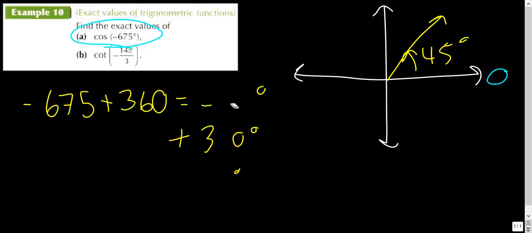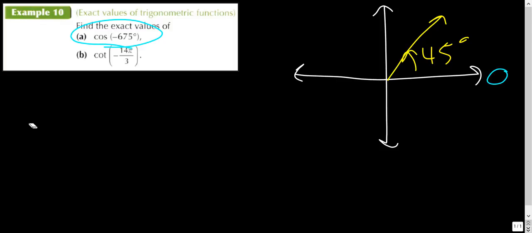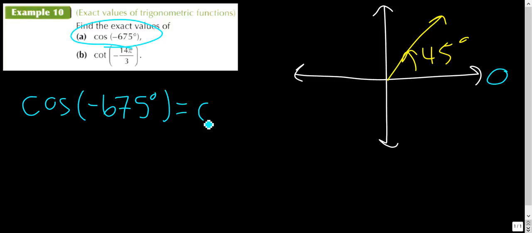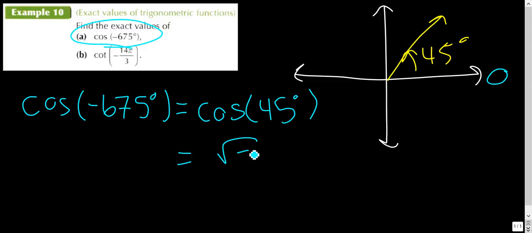So if I go back and think, okay, well, what is the cosine of 45? Well, we just showed that the cosine of negative 675 is going to be the same as the cosine of 45. Well, the cosine of 45 is the same thing as the square root of 2 over 2.